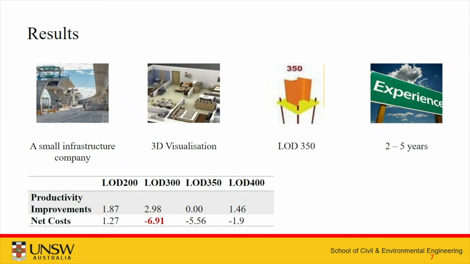In this table, there are some negative numbers, which means negative in cost and positive in benefit. When it's 0, it's almost balanced. In terms of net cost, we think that LOD 300 is the most economic one, but the one that they implemented is also beneficial, though not the best one.